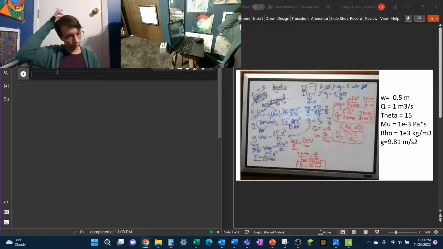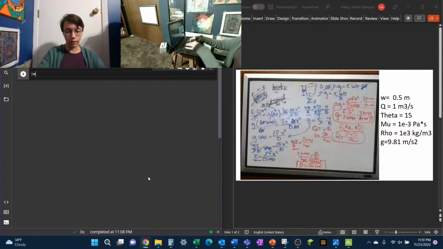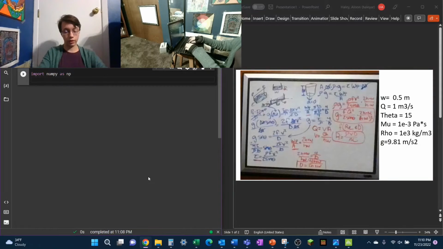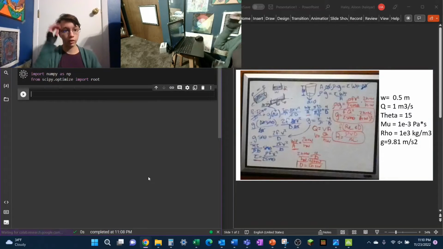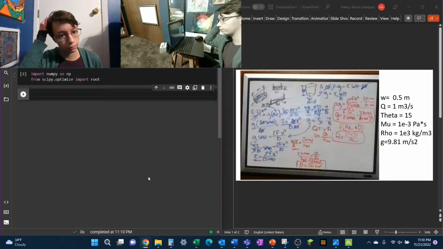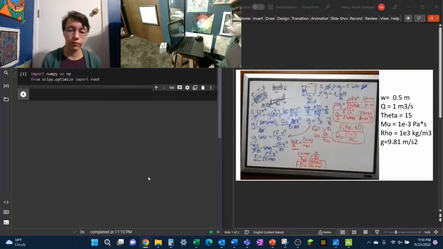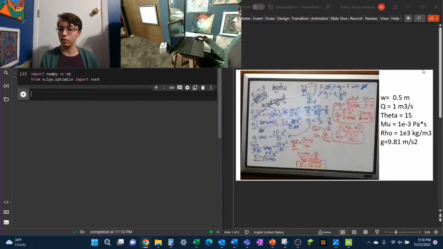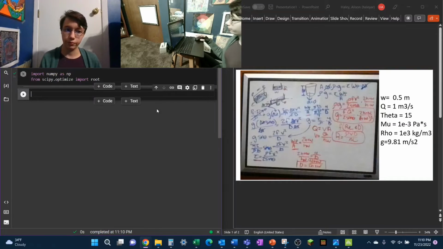So first thing we do in Python, we're going to import our library. So we're going to import numpy as np, and from scipy.optimize import root. Alright, so next we want to input all of these constants we have.